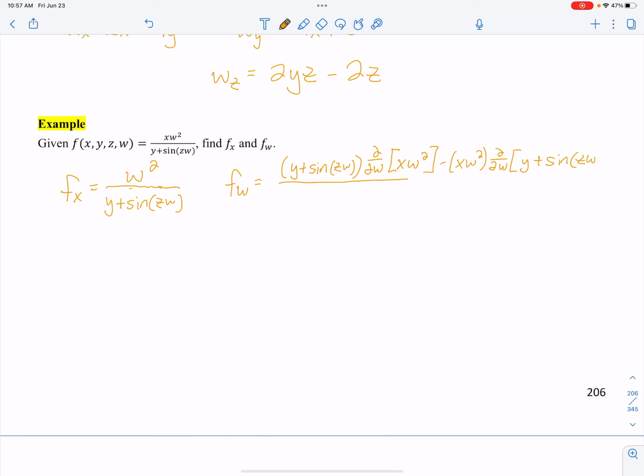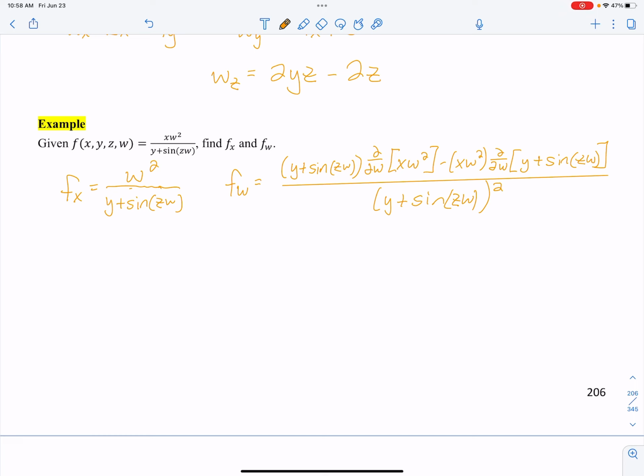I know it's a pain to write everything out, but it actually does really help and keeps it less overwhelming. So let's put a fraction bar all the way across. And then remember, it's over the bottom squared. So y plus sine zw, all that squared.